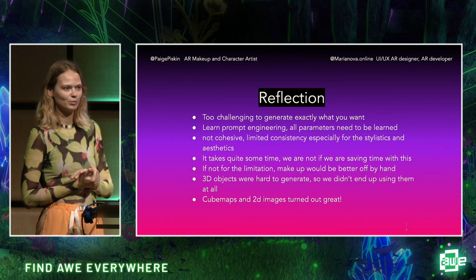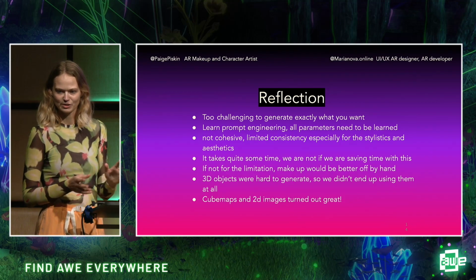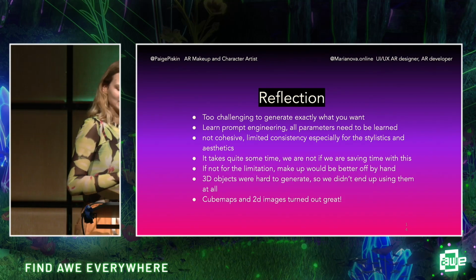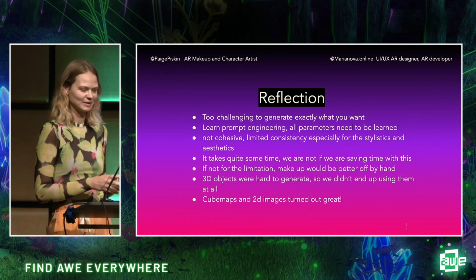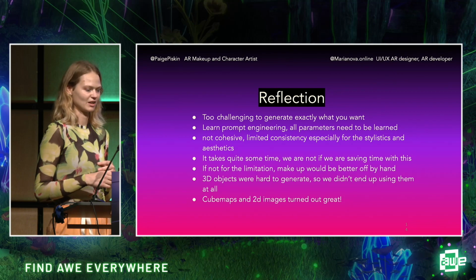And I'm not sure that on a real project I would use all the AI tools. I would definitely augment my workflow, but in this challenge it actually became our own limitation.